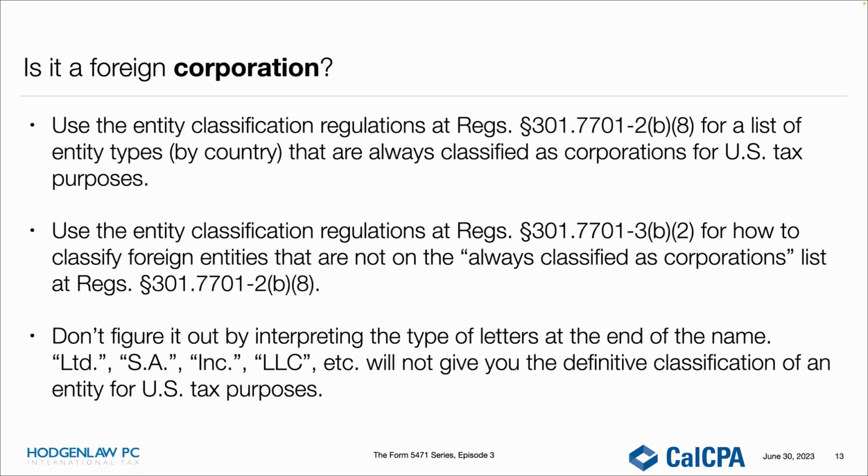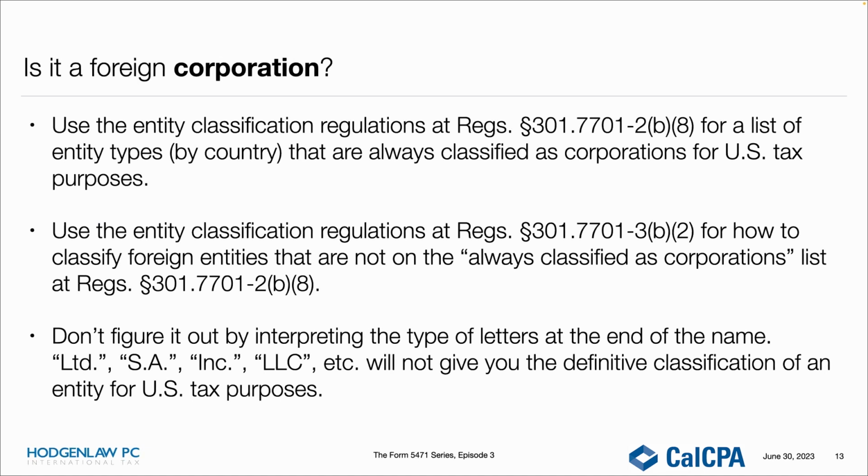The second bullet point, there are a bunch of foreign entities that are not on the per se corporation list, but they are nevertheless going to be classified by default by the code and the regs as an association taxable as a corporation. And how's this going to happen? You're going to look at this entity and at the governing laws.